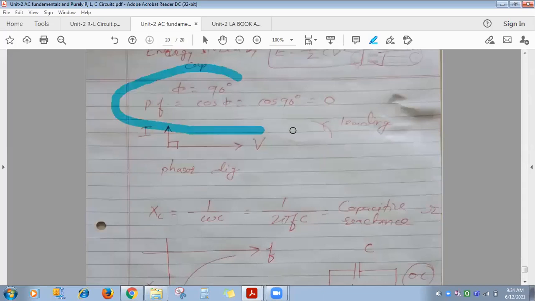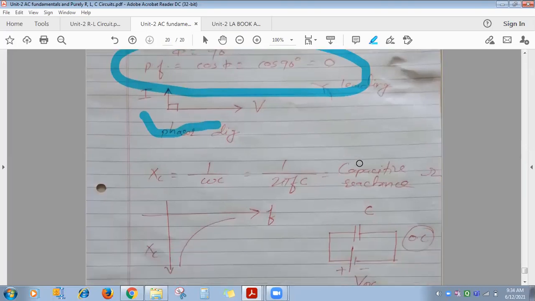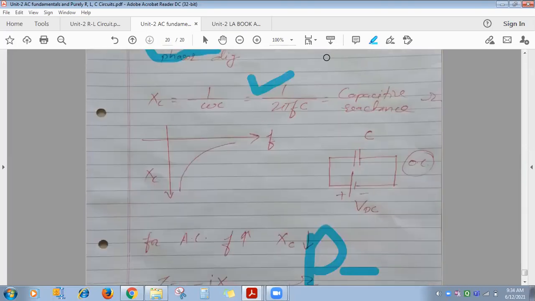Phi is 90 degree, power factor is 0. This is the phasor diagram: current leads voltage by 90 degree. The XC formula we have derived is 1 divided by omega C, that is, 1 divided by 2 pi fC. The XC versus frequency graph is in the first quadrant. XC is inversely proportional to frequency.